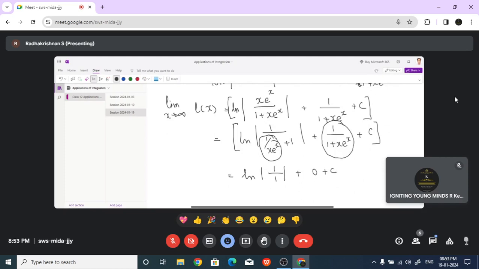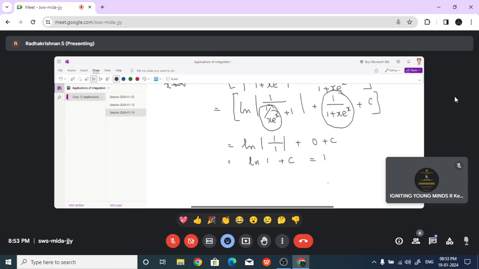So this is what you get: ln 1 by 1 is ln 1, plus c. This is given as 1. What is ln 1? It is 0, right? So we get c equal to 1.